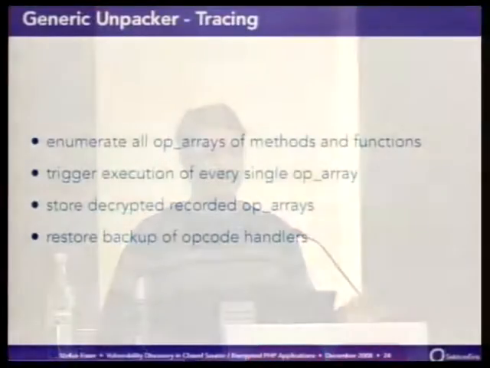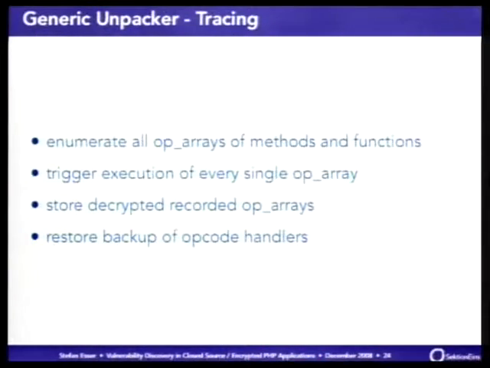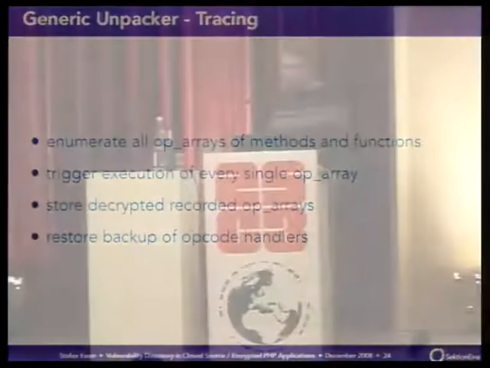through all op arrays, through all methods and all functions, and I trigger the execution of every bit of PHP code I see in the encrypted file. I store the decrypted op arrays in some memory place, or later dump them to disk. After I'm ready with that, I restore the backup of the opcode handlers from my own memory to the table.